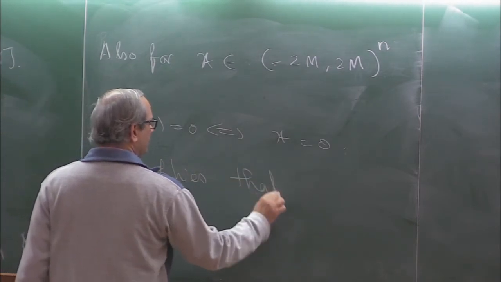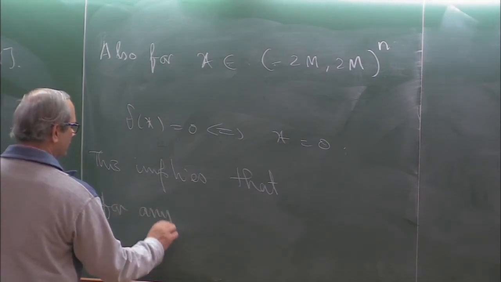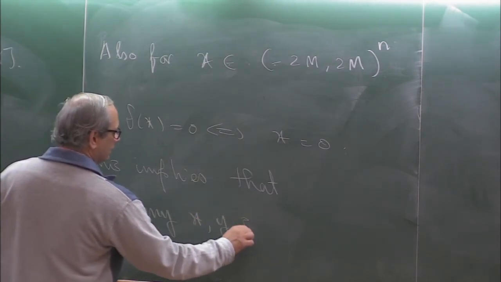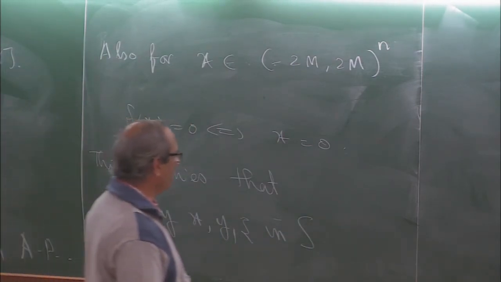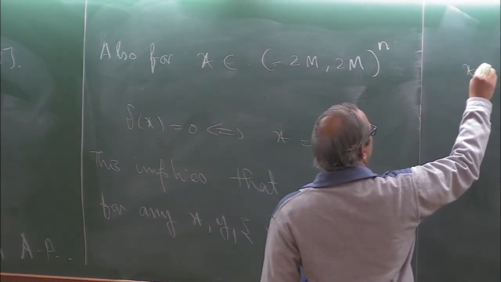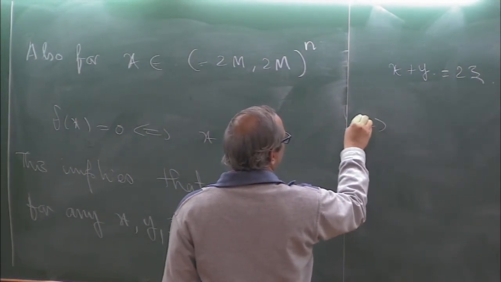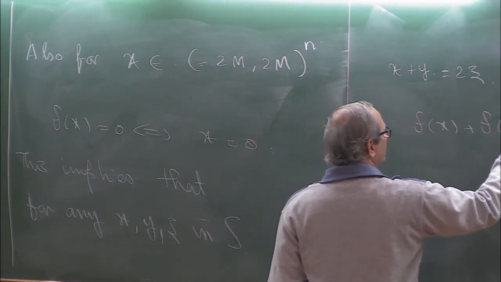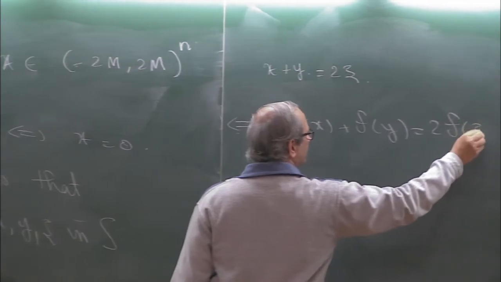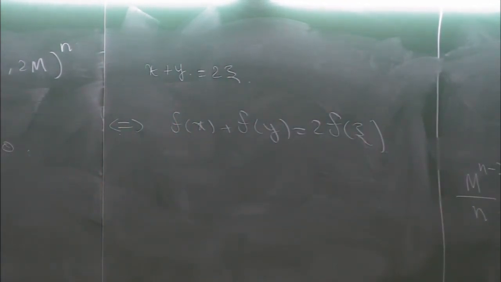For any x, y, z in S, the set we looked at, (x plus y) by 2 equals z is equivalent to f of x plus f of y equals 2 f of z. This is equivalent.